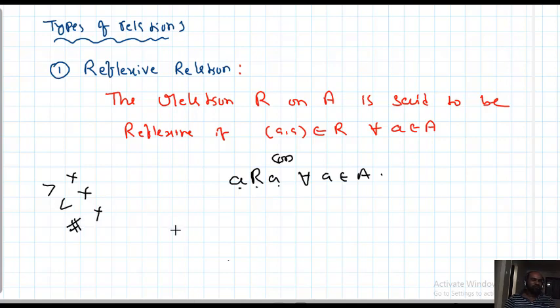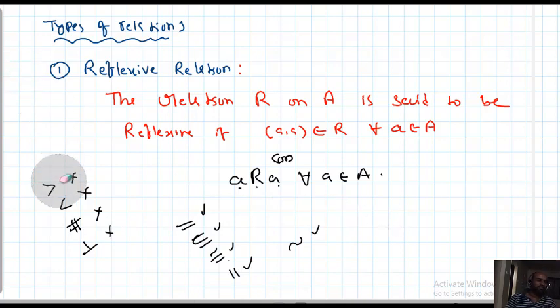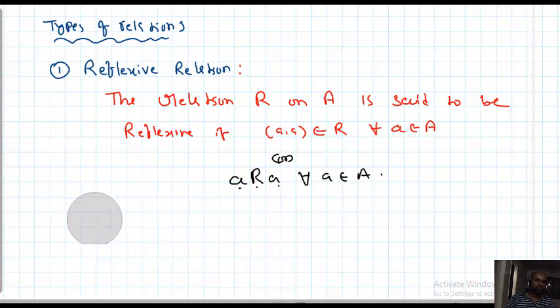These are not reflexive, but equality is reflexive. Subset is reflexive. Congruency is reflexive. Parallelism is reflexive. Similarity is reflexive. Perpendicularism is not reflexive. Like that, you can define several relations which are reflexive.